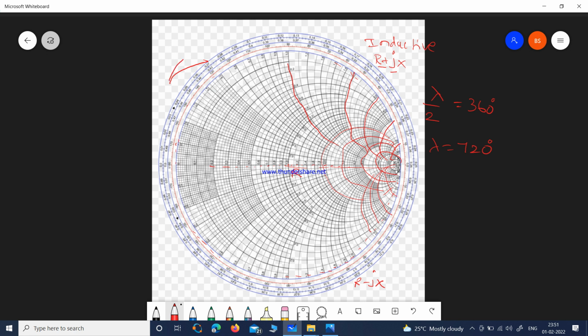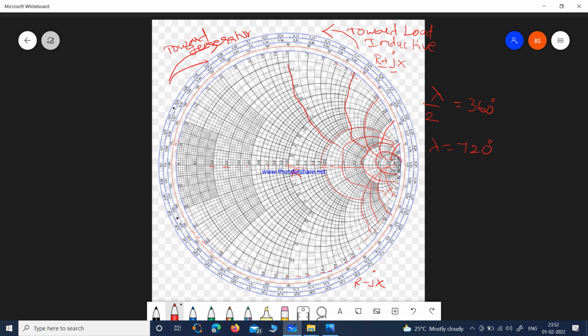So you can say it's clockwise. Clockwise, you can say it's toward generator. And anti-clockwise, if any movement is anti-clockwise, it is toward load. Based on the question, we need to identify, and accordingly we need to move.